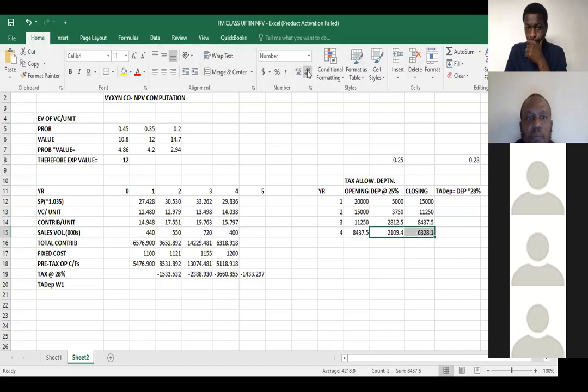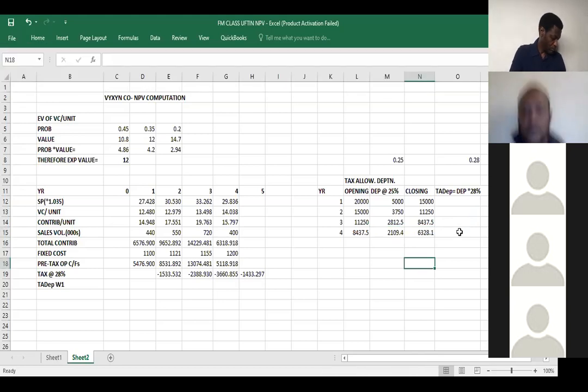Is it wrong to approximate? No, I've even approximated it to one decimal place. There's no problem with approximating. So without the decimal, making it a whole figure, you can make it a whole figure. That's fine. Okay.